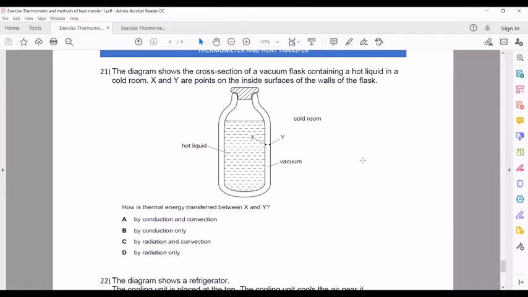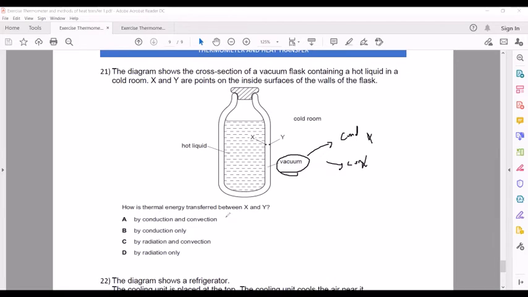The diagram shows a cross section of a vacuum flask which contains a hot liquid in a cold room. X and Y are points inside the flask, and between X and Y there is a vacuum. So in a vacuum, conduction cannot happen and convection cannot occur.